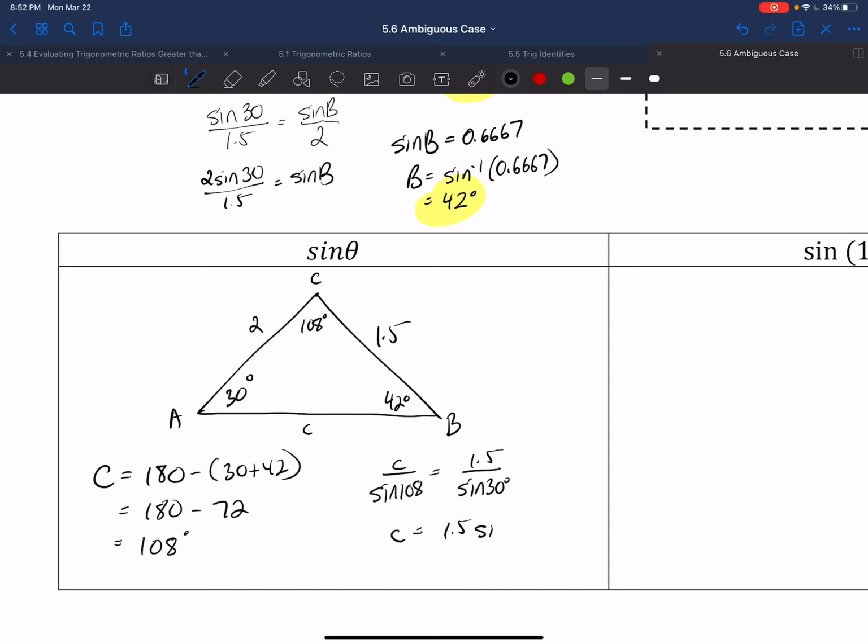we have a different possibility? So the other two sides, all the information is going to be the same that we were given. So 30 degrees, side A is 1.5, side B is 2. But now instead of angle B being 42, it's the 180 minus 42. Because that's the other possibility.